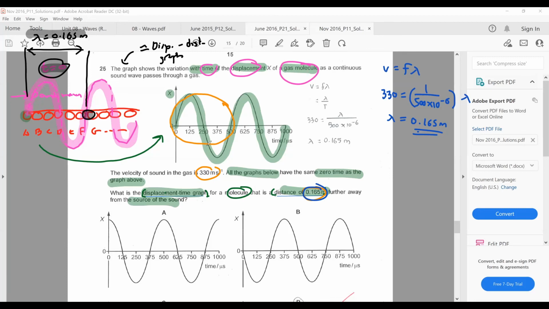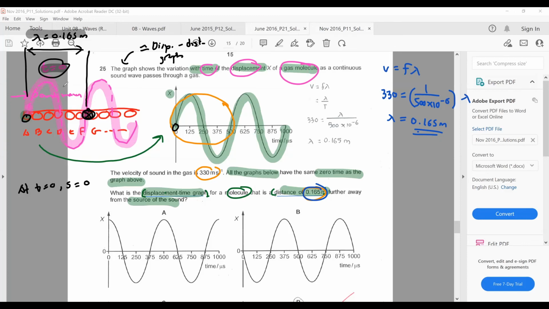At t equals 0, this particle is what you want to choose. At t equals 0, the displacement of your particle is also still 0, and it's going to move the same way as this one.